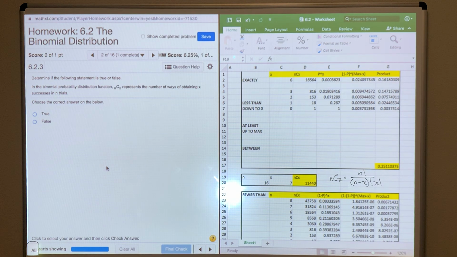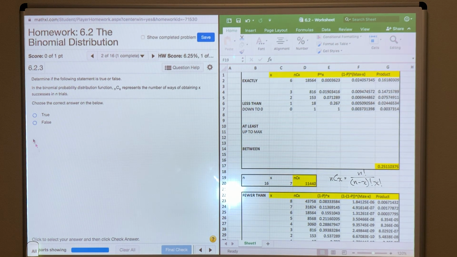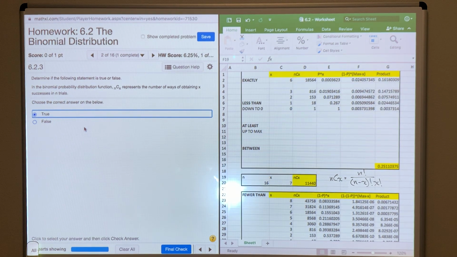In the binomial distribution function nCx represents the number of ways of obtaining x successes in n trials. And that is true. So again, this is in your notes as well. nCx is the number of ways to obtain x successes in n trials. In other words, if I had n trials of something, if I tried, let's say for example, to do something 10 times, x would be the number of ways that I could get it successful.